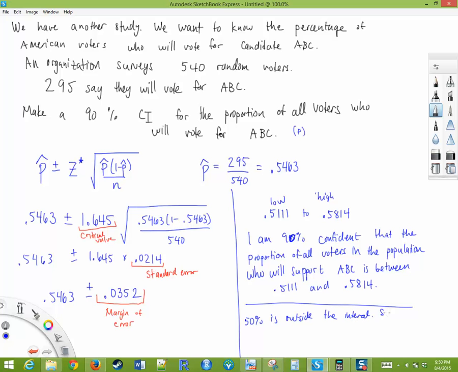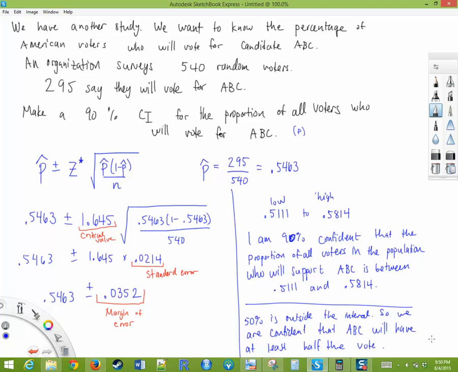So we are confident that ABC will have at least half the vote, which in a regular election means a win.